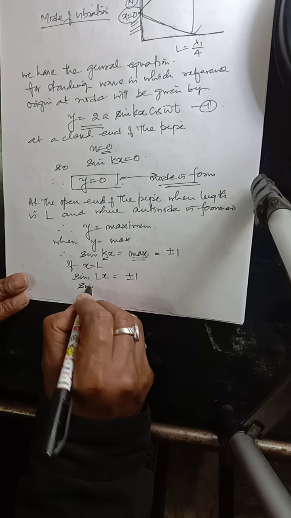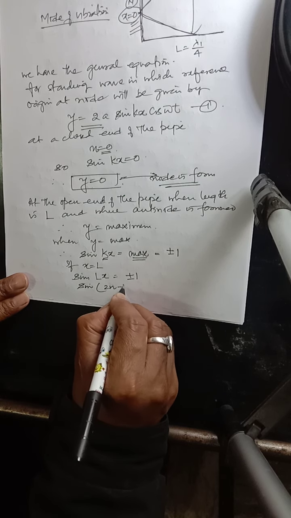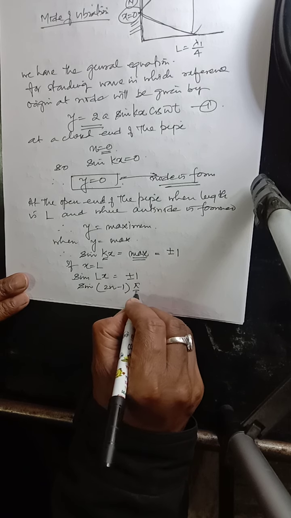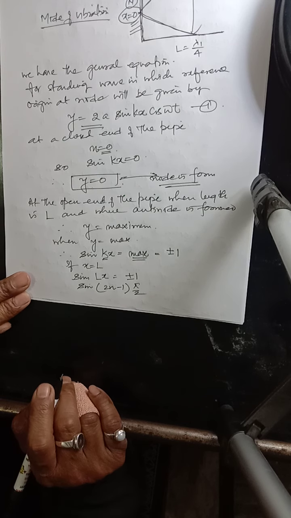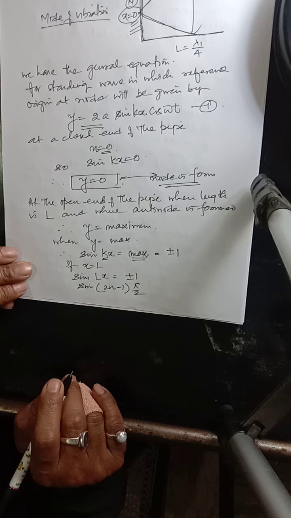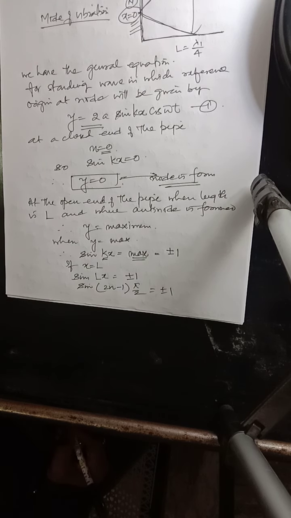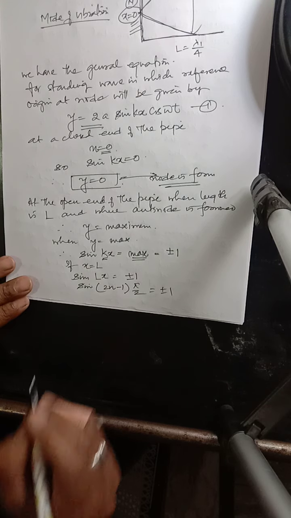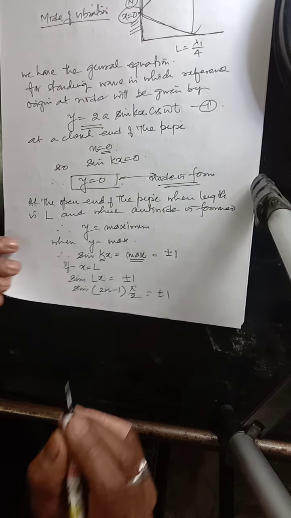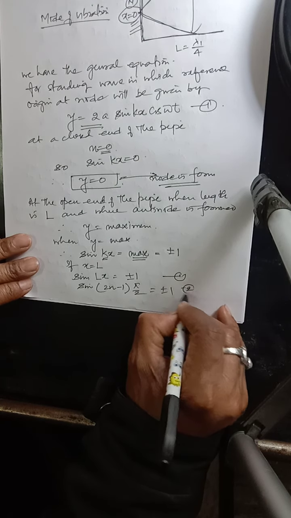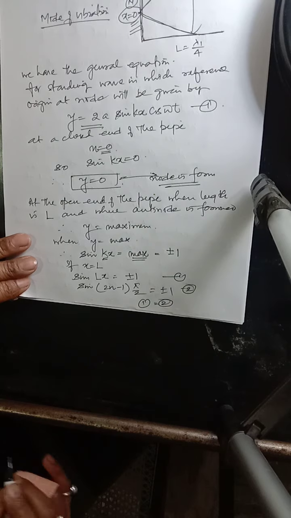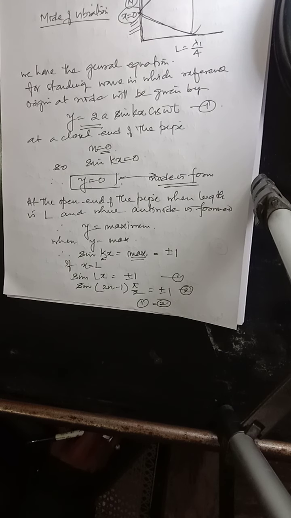It means sin of (2n minus 1) pi by 2 is the value of that function. This value will be plus or minus 1. So what does it mean? This is equation 1, this is equation 2, equation 1 equals equation 2. See it. Then I am going to write the formula.